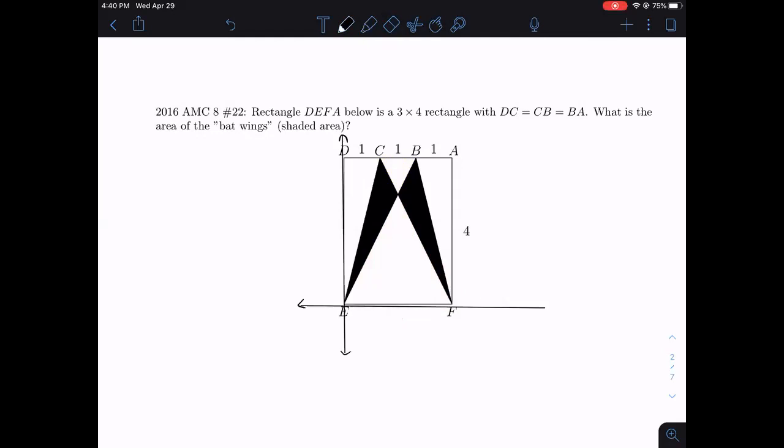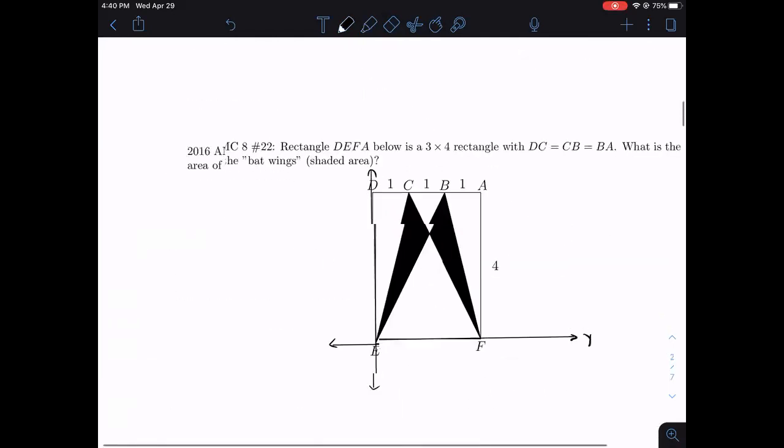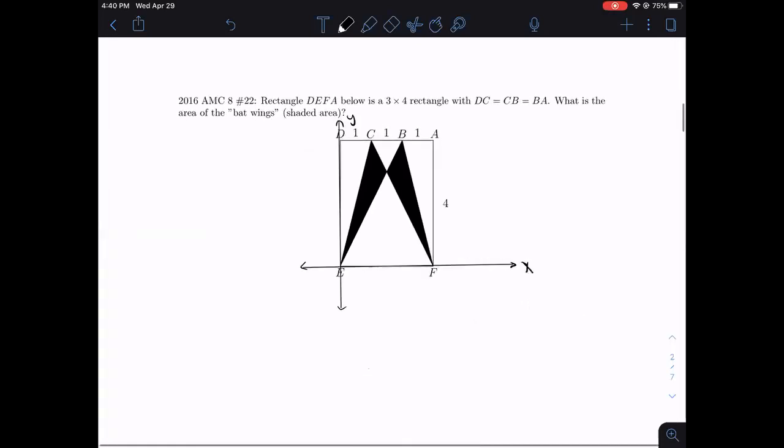So how do we coordinate bash a geometry problem like this? What we do is we essentially slap a coordinate plane onto it. And this is normally built around a central right angle.